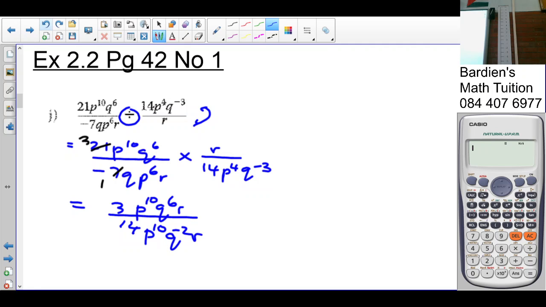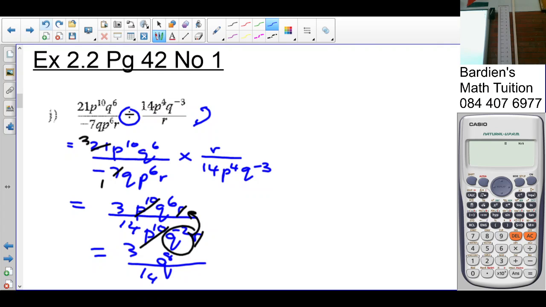And r. So again it's 3 over 14, no number simplifies that. P^10 over p^10 is gone. R over r is gone. Where are there more q's, on top or at the bottom? Top. So if I bring this q^-2 up, it becomes q to the 6 plus 2, which is 8. So it's 3q^8 over 14.